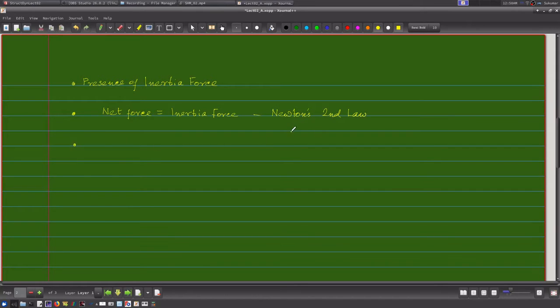Now let us consider a very simple single degree of freedom system. We already have seen single degree of freedom system earlier. So I will have a block of mass, and I will have a spring, and I will also have a damper or dashpot.